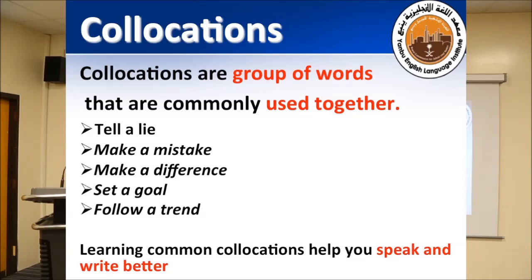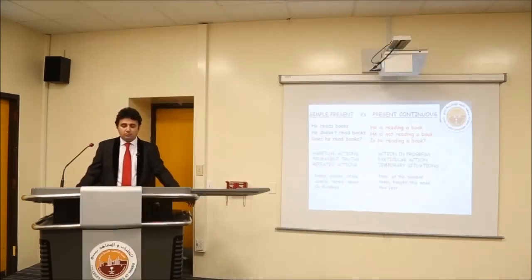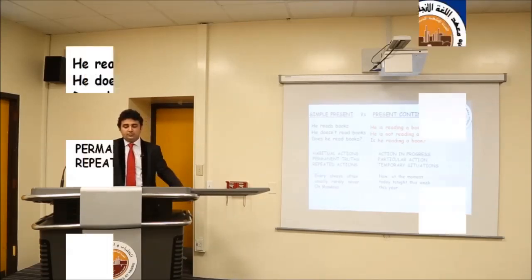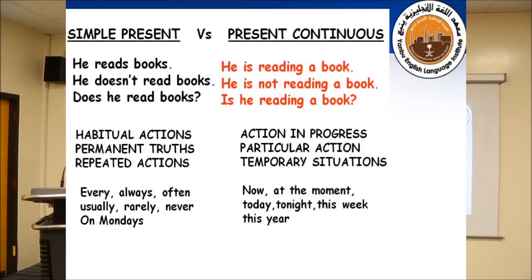Our next learning objective, which I'm going to talk about, is the comparison between present simple and present continuous. We use simple present when we talk about habitual actions and permanent truths, when we write descriptions, and when we write about processes. There are a lot of functions of simple present.